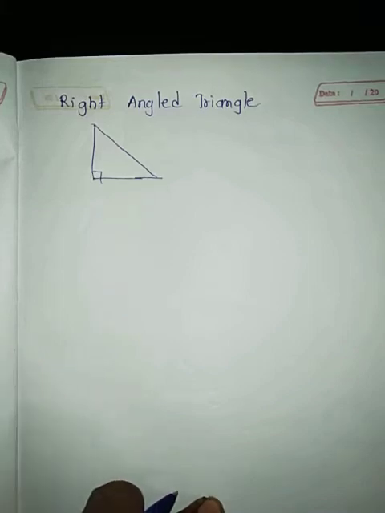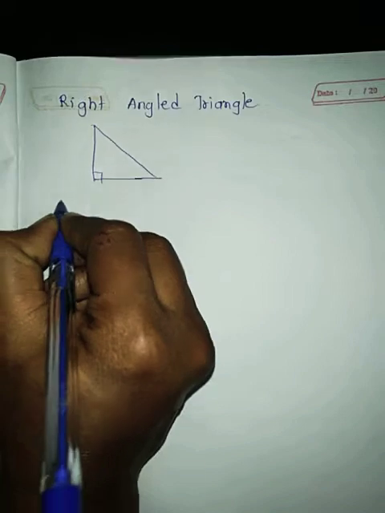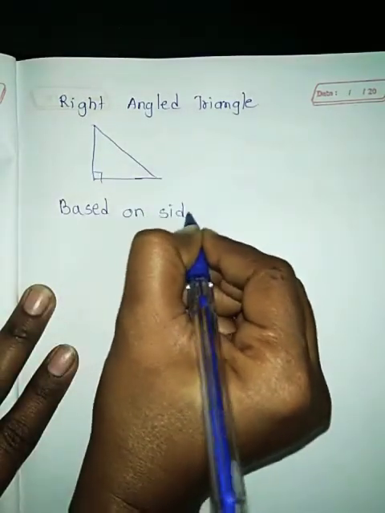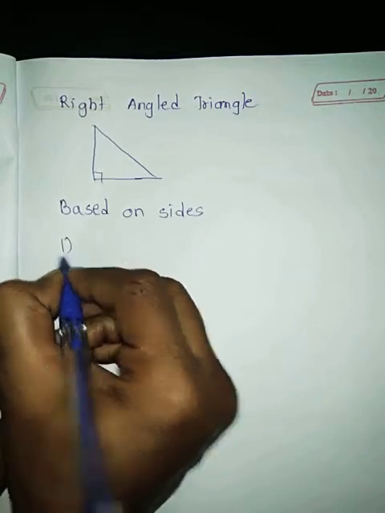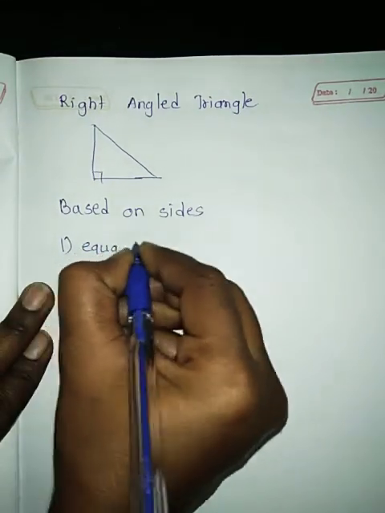So these are the three types based on the angles. Now the three types based on the sides. One is equilateral triangle.